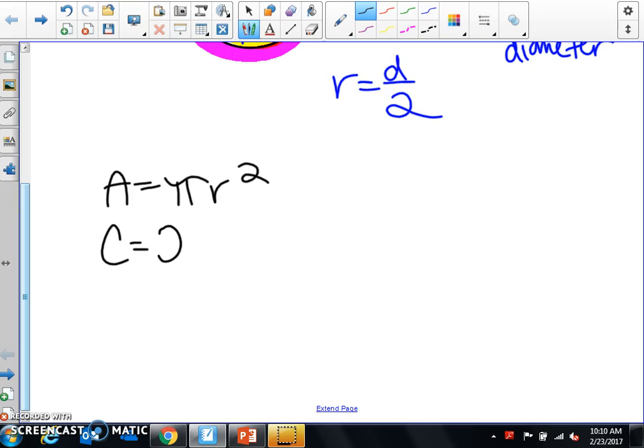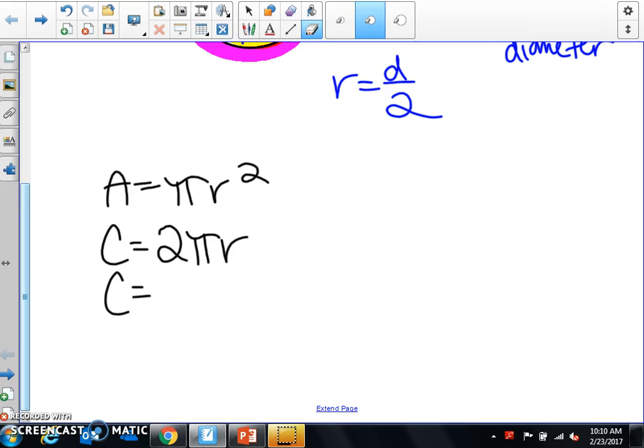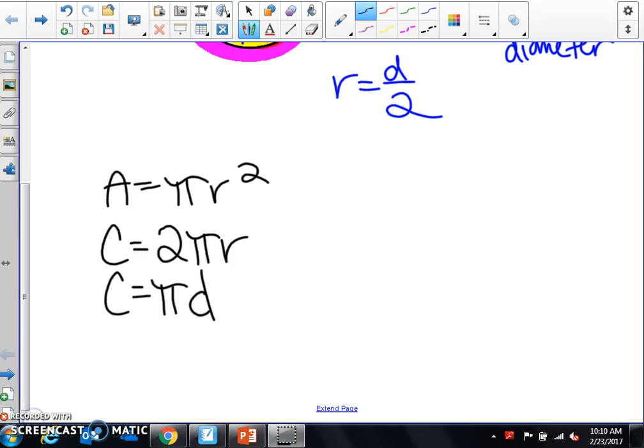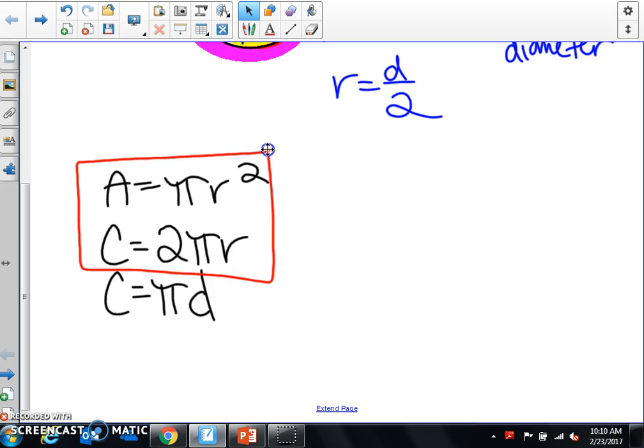There's 2 pi r, and there's pi d. And both of them have pi. If they give you the radius, honestly, I'm just going to say use 2 pi r for circumference every time. So I would rather you just use these two. That way you don't have to be like, should I be using pi d or 2 pi r? No, just use 2 pi r and then pi r squared.